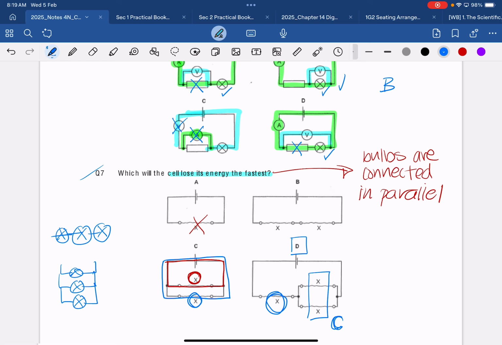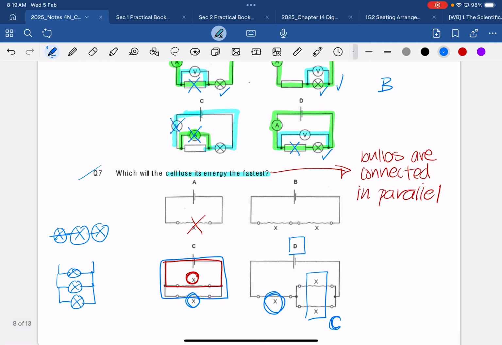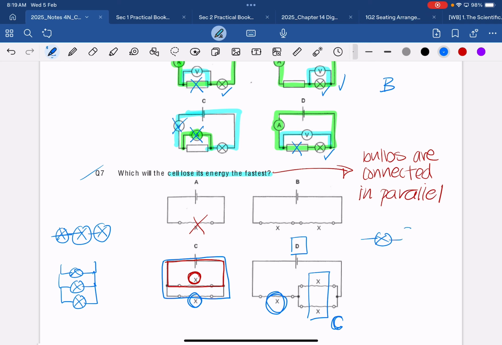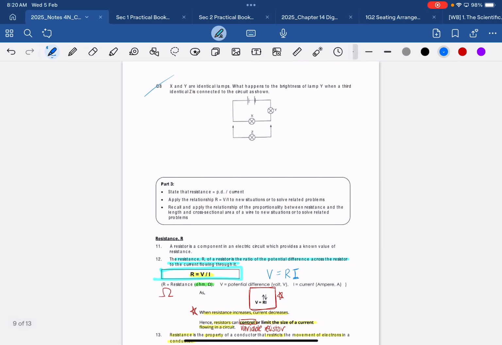Then the other one is maybe like this. So 4 different variations, all with 3 light bulbs. Then which one will consume the most? This one. Parallel. Right?